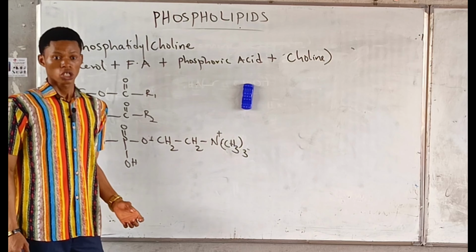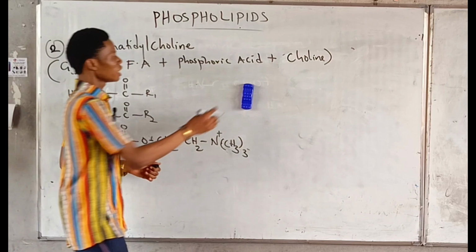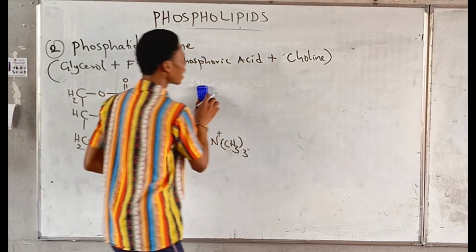Do you understand? So the difference between ethanolamine and choline is that, now check this. If I want to split out this hydrogen, I can do it this way. H, H, H, right? 3 of them, right?